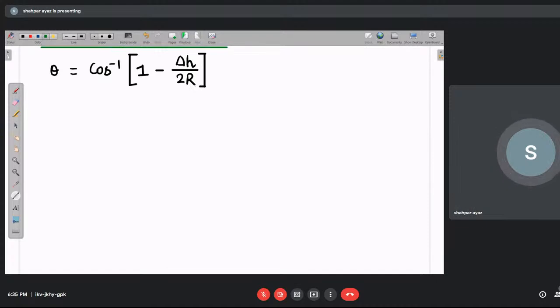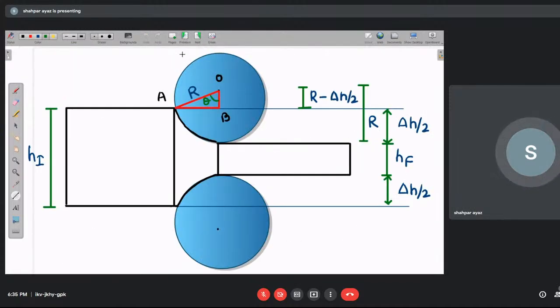This is your bite angle, okay? Note down, all of you. Please have a look and note down. I hope this is clear, everyone.